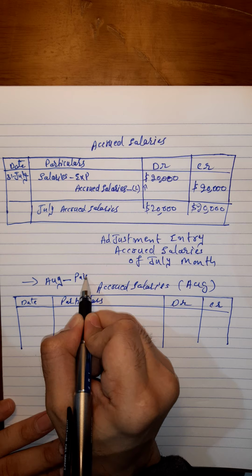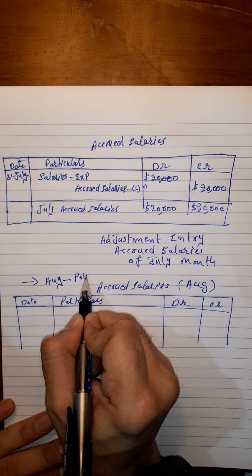The expense which occurred but not paid is called accrued expense.